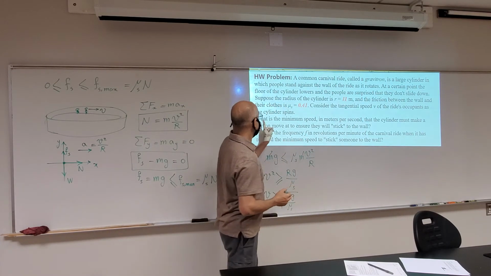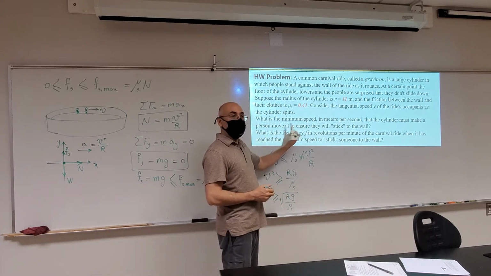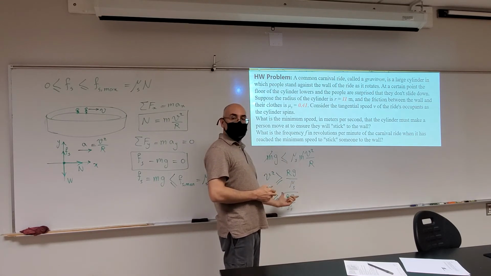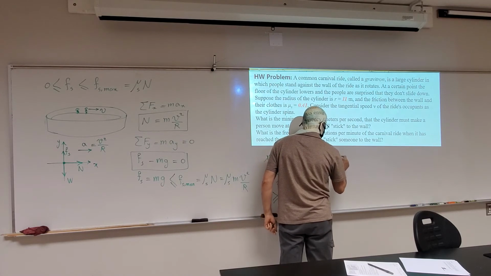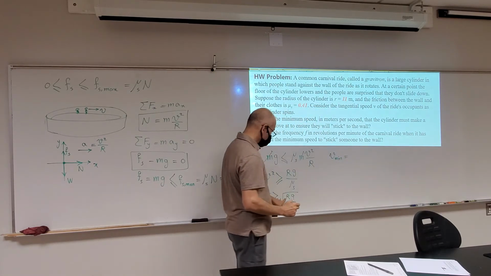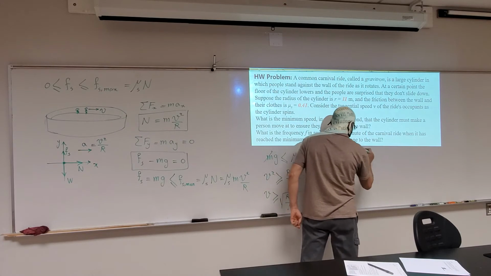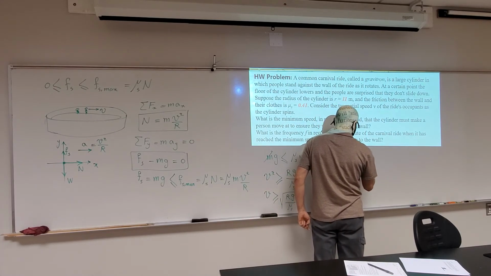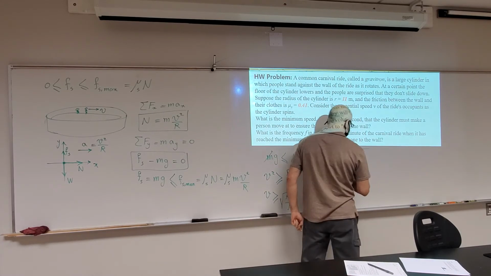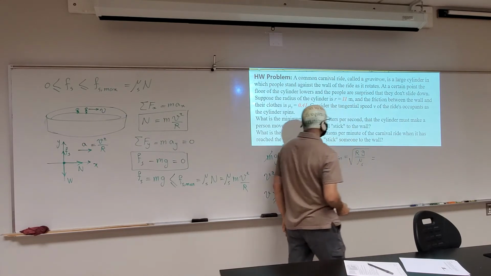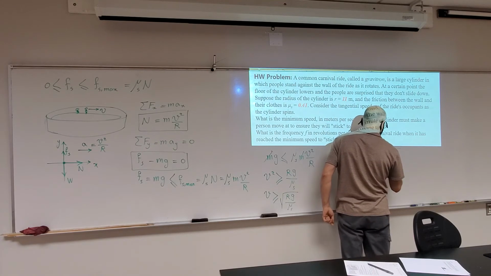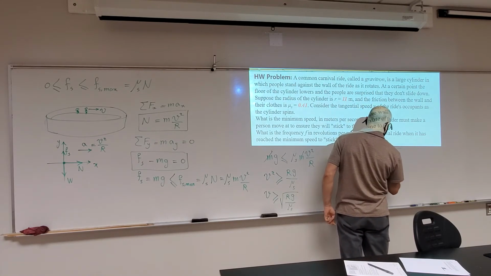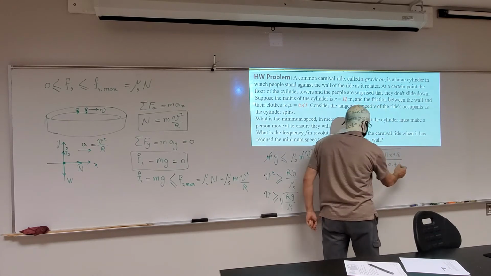So it says, what is the minimum speed? You see, speed should be more than this, therefore the minimum is that value. So v minimum is equal to the square root of rg divided by mu s. And then we can put in the numbers. r is 11 times 9.8 divided by mu s, 0.41.